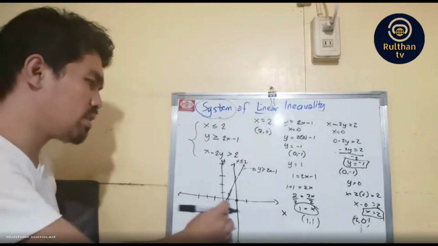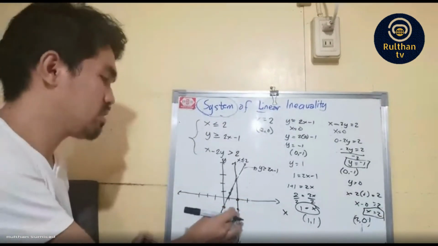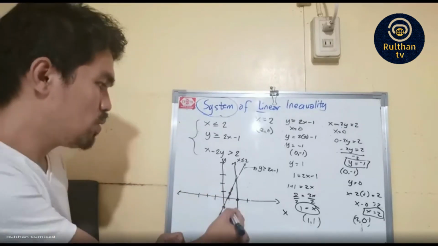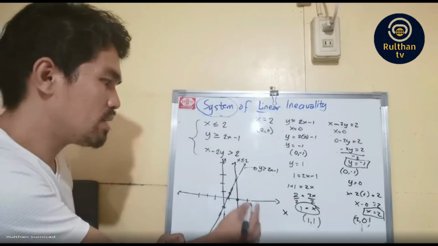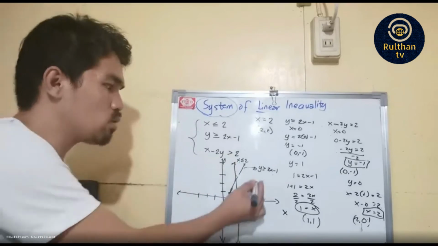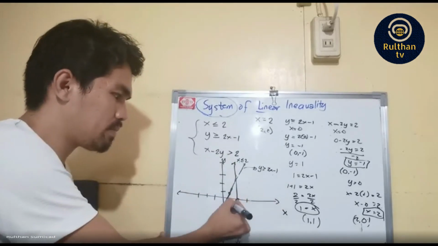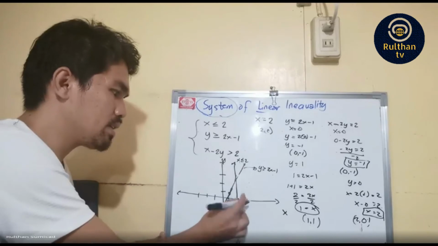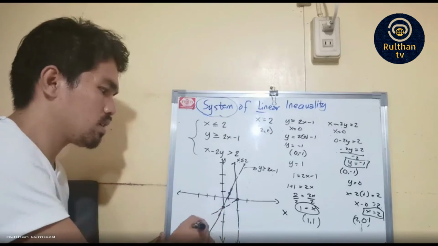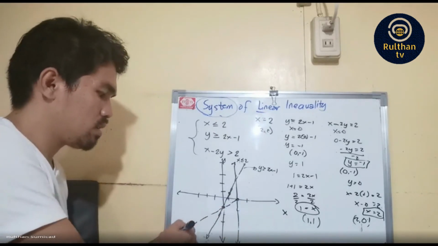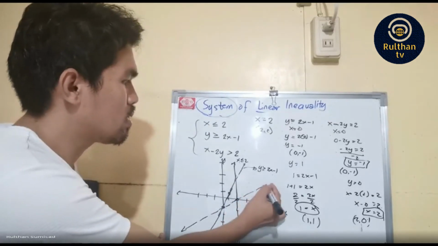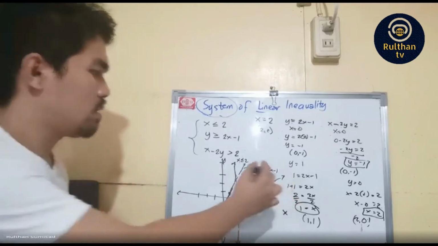Because y is 0. That's why it doesn't make sense. That is 2, 0. So it's 2 and then y is 0. So this one. And then I have to use a broken line, because we're using here a non-strict inequality. So there you go.